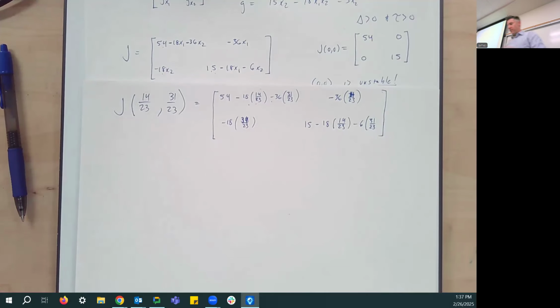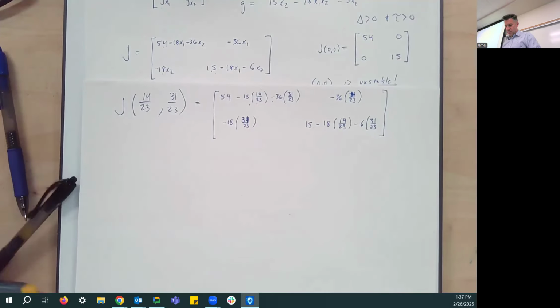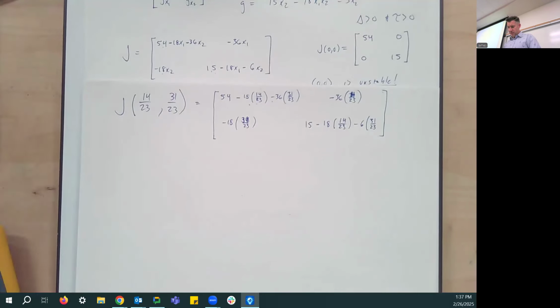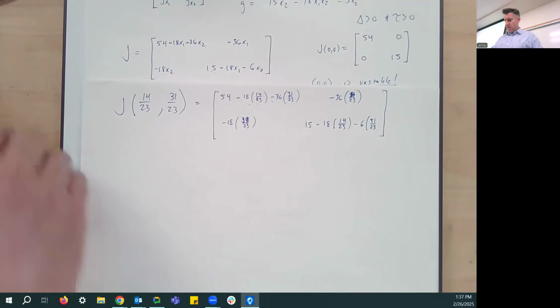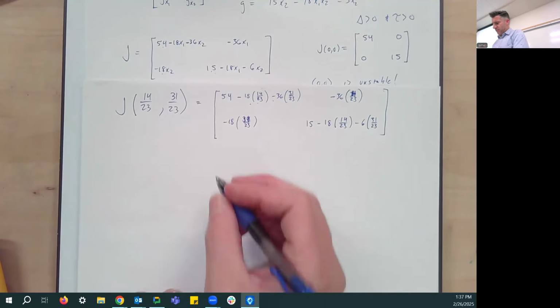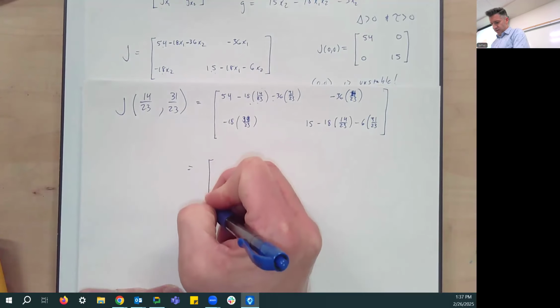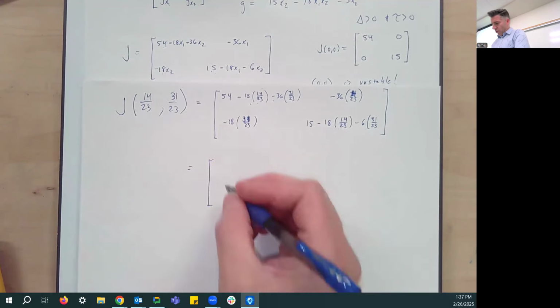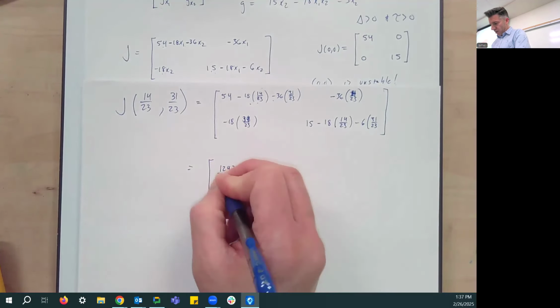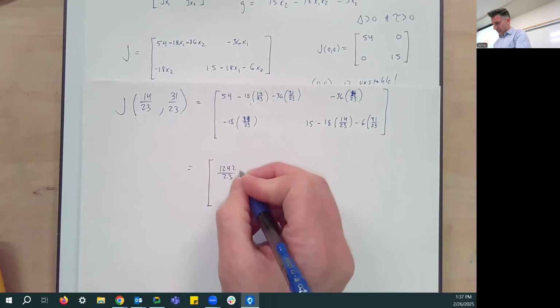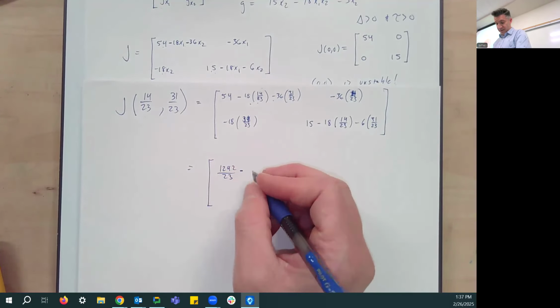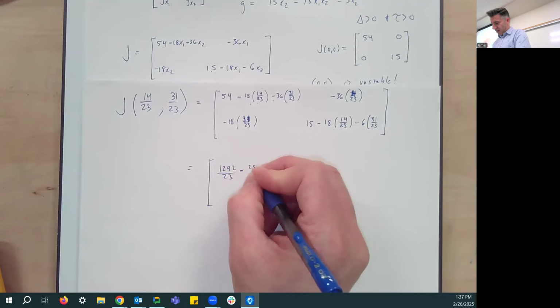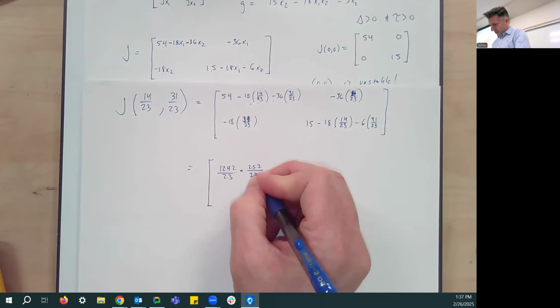Okay, let's see what we've got here. 18 times 14 and 36 times 31. Okay, so we have, I guess, 54 times 23. So we have 1,242/23 minus, this is the worst problem I've ever seen. Maybe that's not true. I've seen much worse.